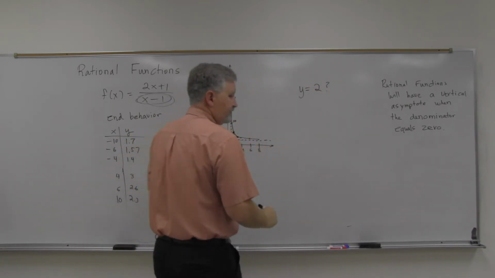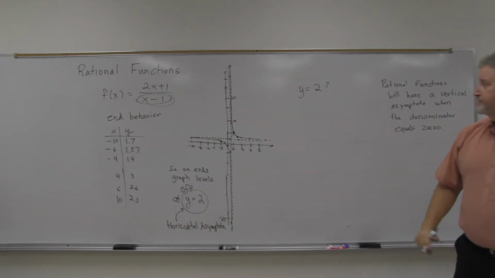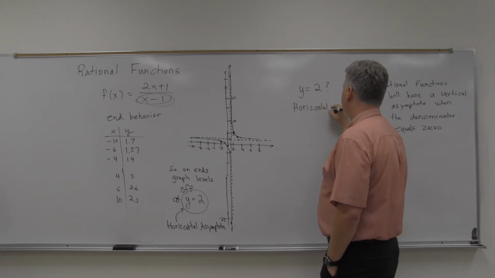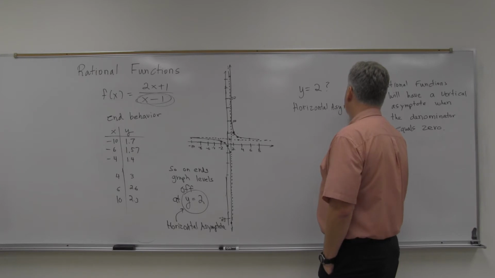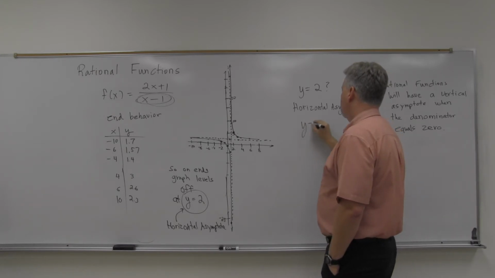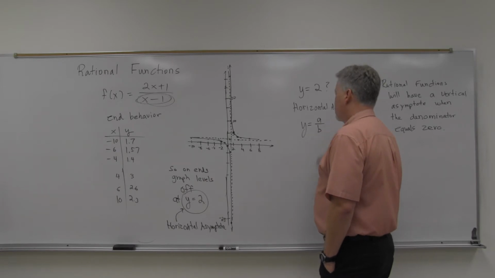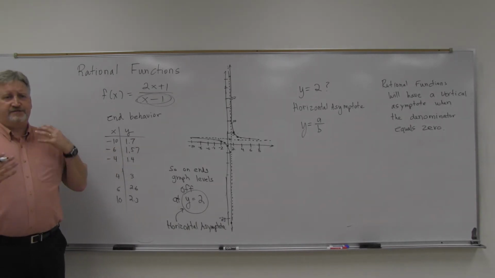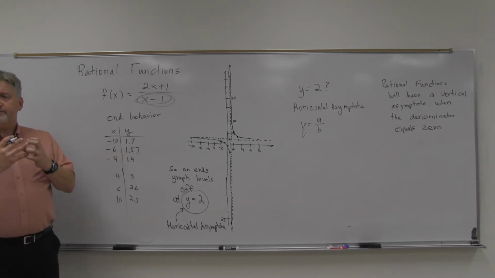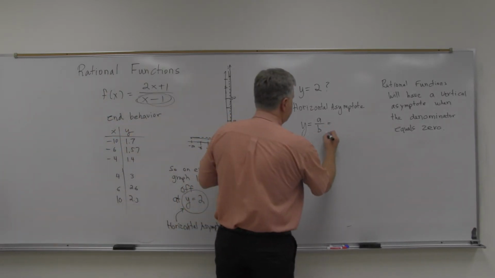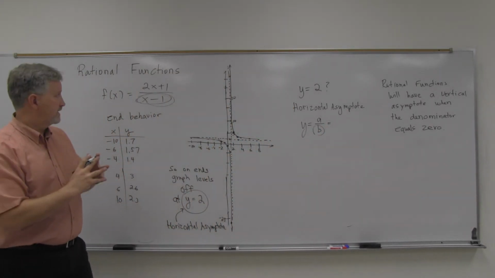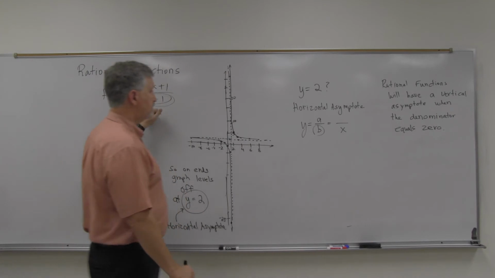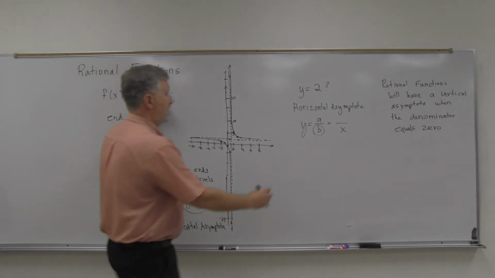Well, for horizontal asymptotes, here's what we're going to look at: y equals a over b, where a and b are matching terms. b is going to be the leading term of the denominator, which in this case is x. And then a is going to be the leading term on the top, which is 2x.